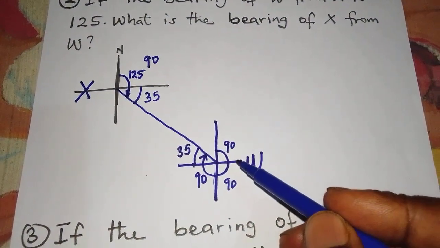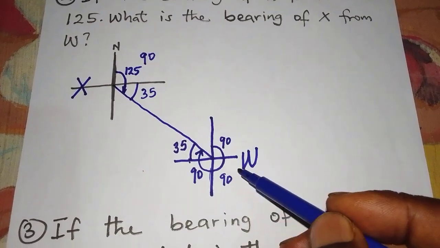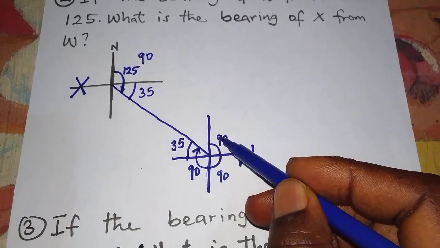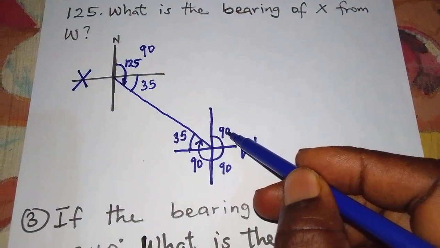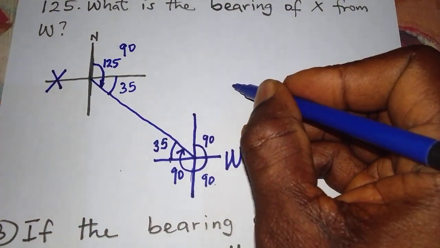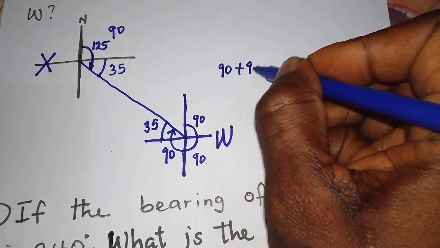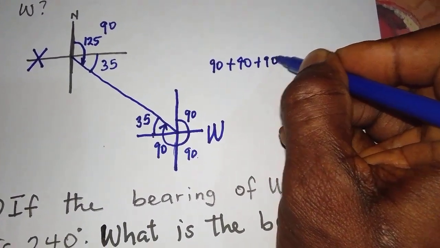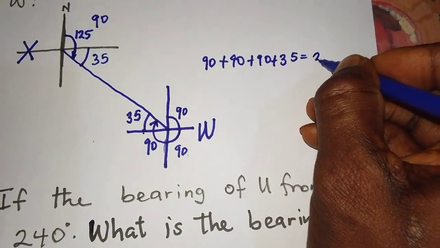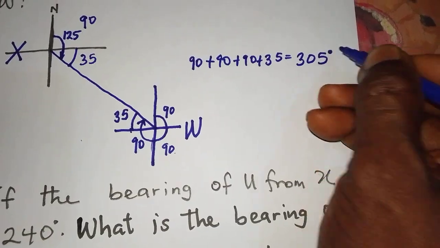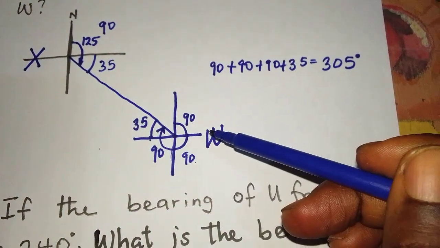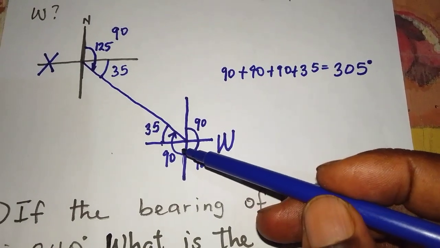So to know the bearing of X from W, it will be from the north up to this, that is 90 plus 90 plus 90 plus 35, which gives you 305 degrees. So the bearing of X from W is 305 degrees.